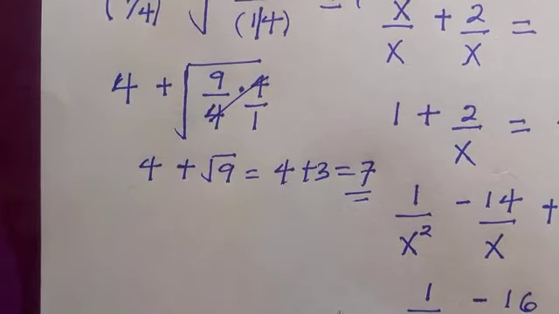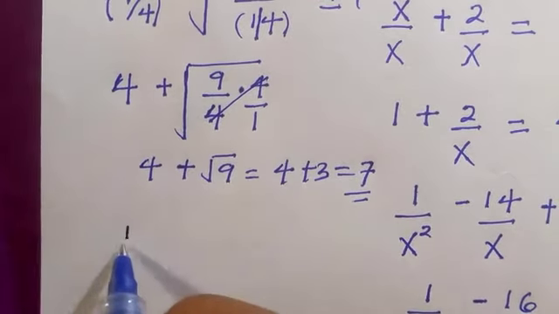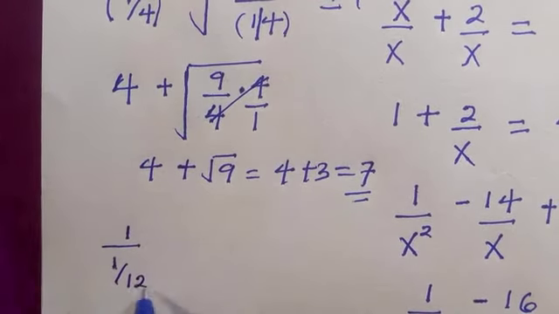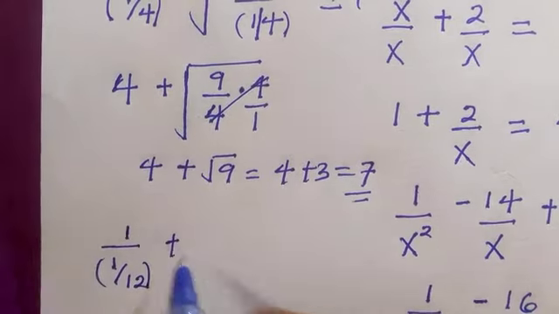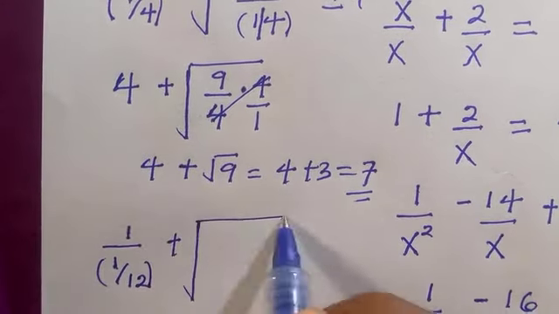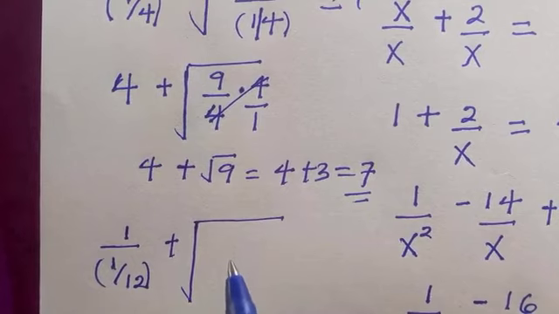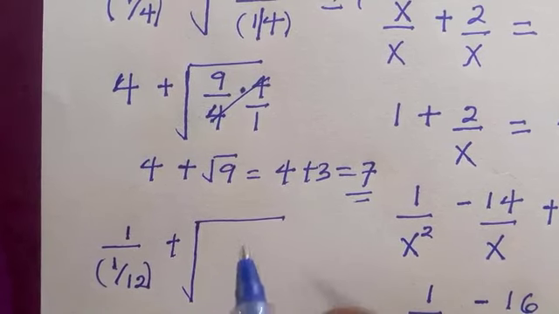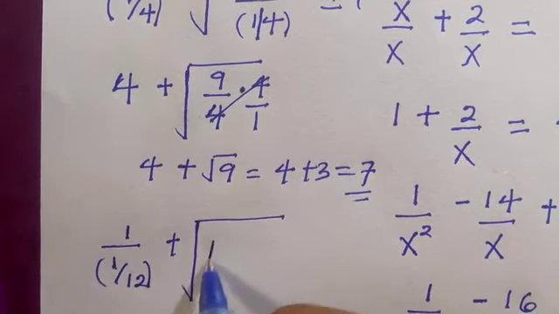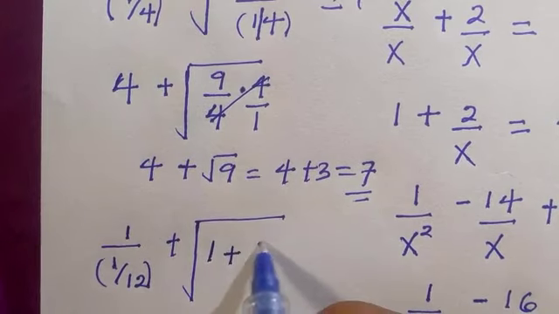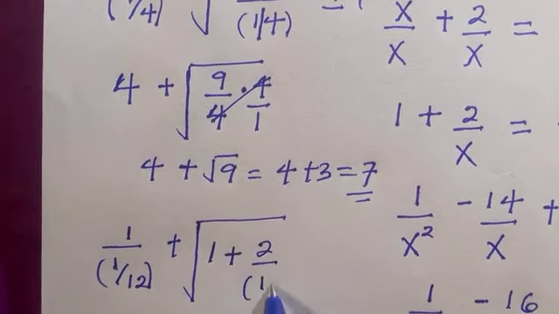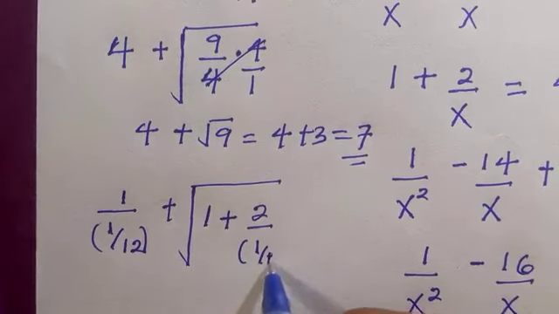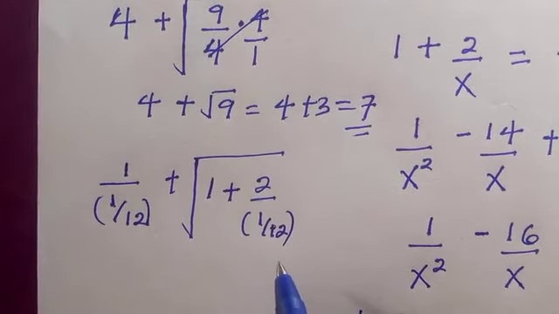And let's verify the second one. So at x equals 1 over 12, we have this plus the root of, so from that equation I can break this into 1 plus 2 divided by x. So we have 1 plus 2 divided by 1 divided by 12, and it equals 7.